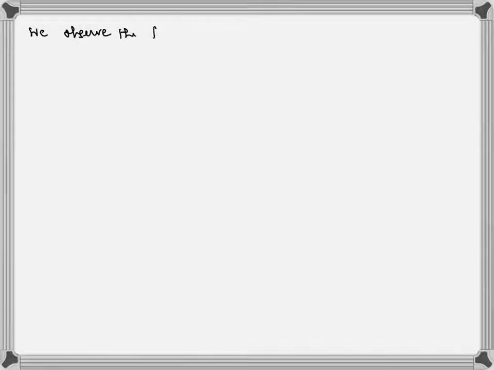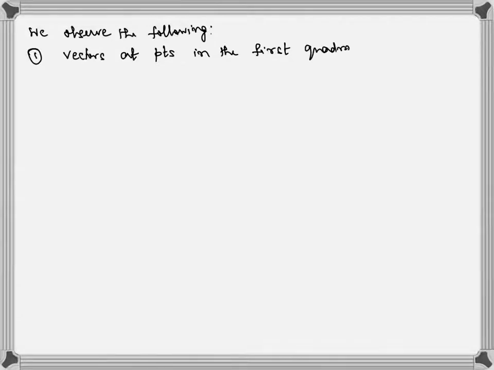So we observe the following about this vector field del f. First, vectors at the points in the first quadrant will have positive x and positive y, so they will point towards the first quadrant.